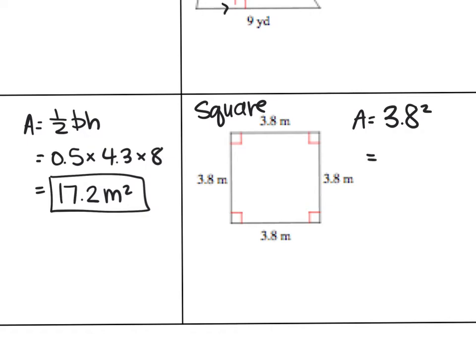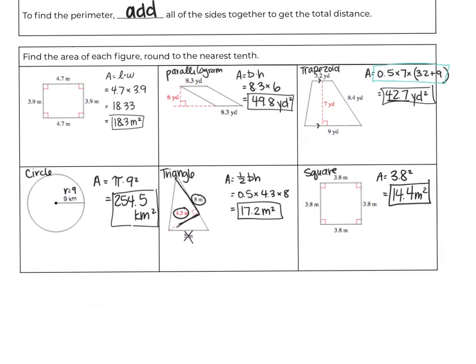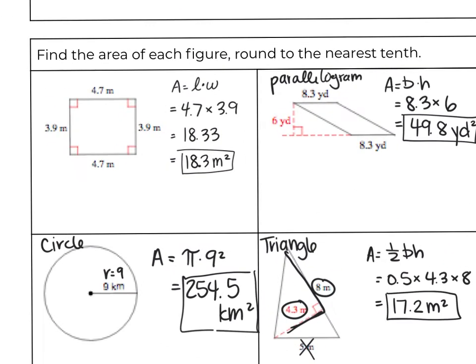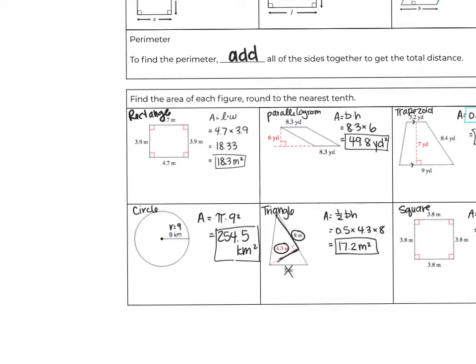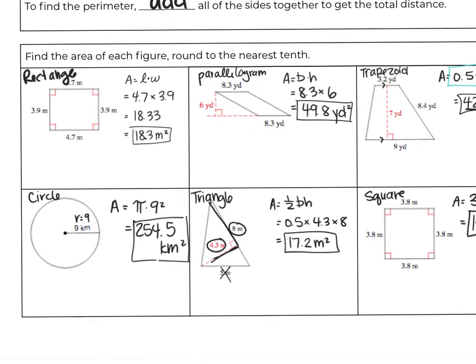Corbin, do you have that already? Lydia, what'd you get? 14.44, so we're going to leave that at 14.4 meters squared. Good. Okay, does all that look a little familiar from some point in your elementary, middle school past, hopefully?